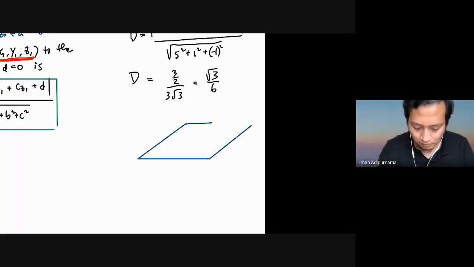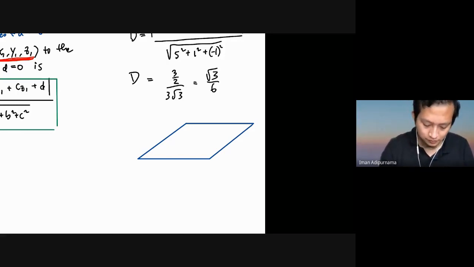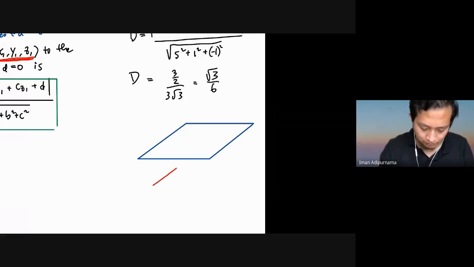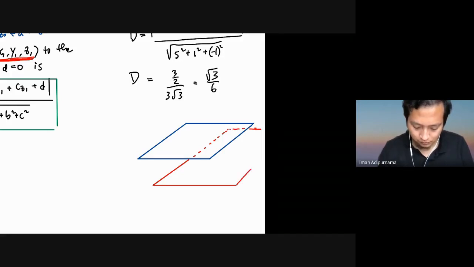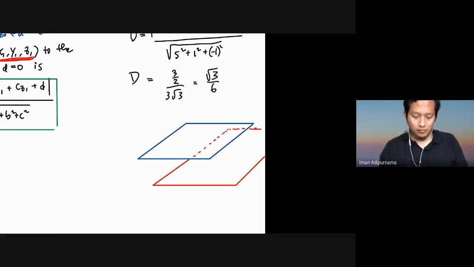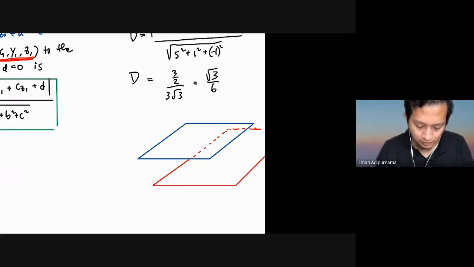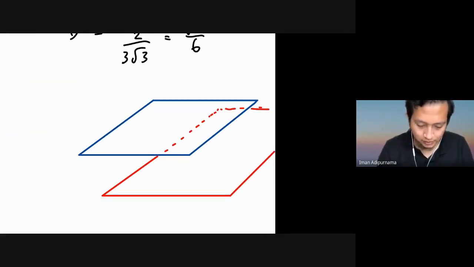For example, if this is our plane, and this is also a plane, you see that both planes are parallel.